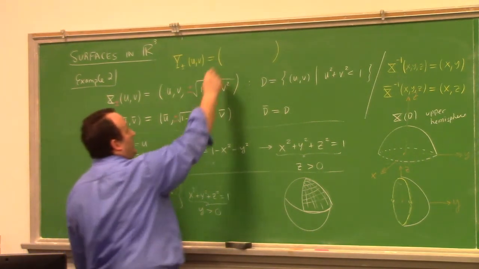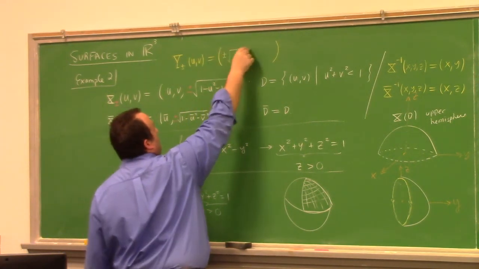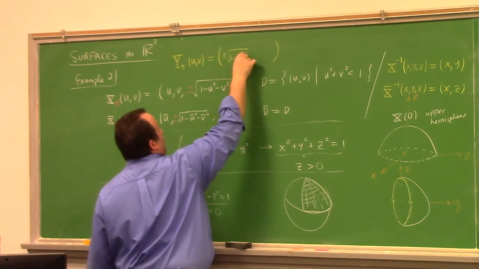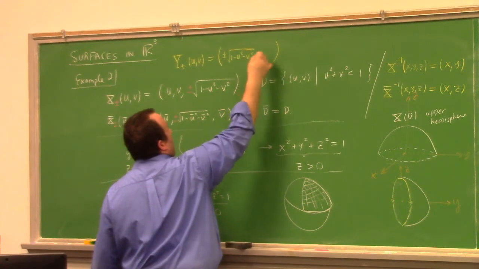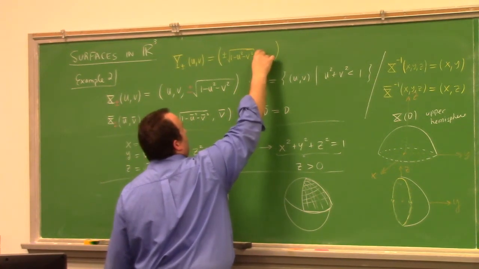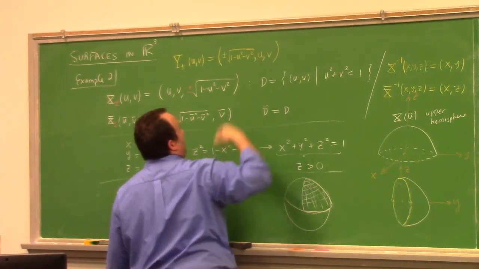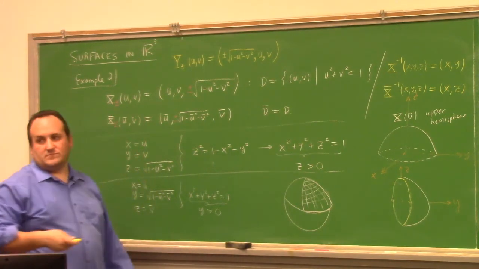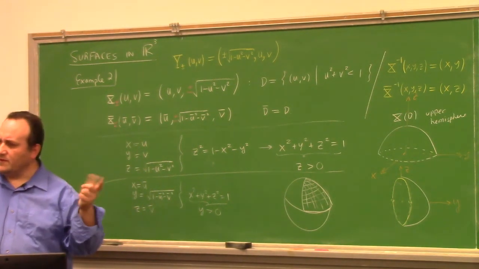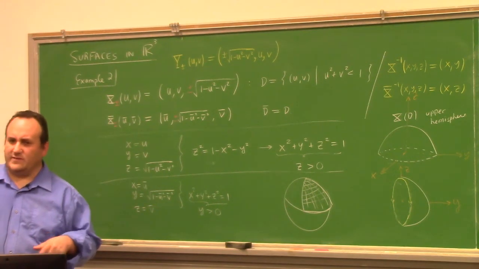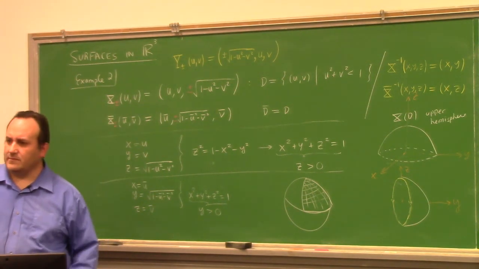I'll do the hard part. Plus or minus square root of 1 minus u squared minus v squared. Something like that. Now, we might find out later that we need to reverse the order of u and v because of the issue of orientation, but we'll come back to that when we get to it, okay?